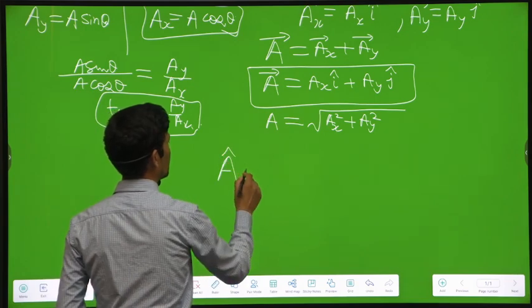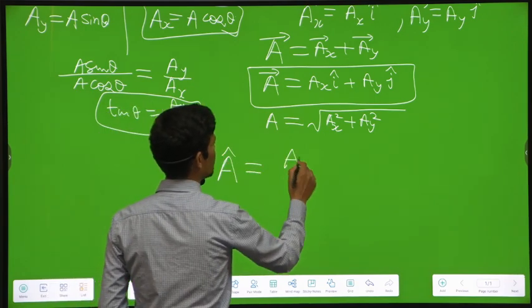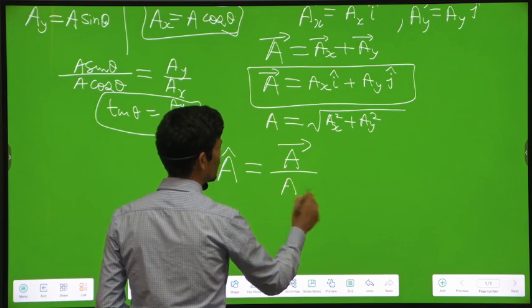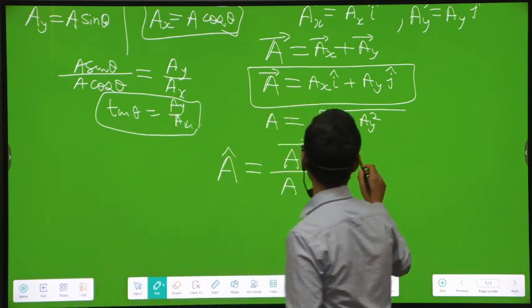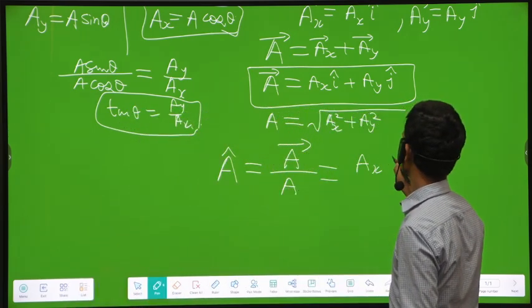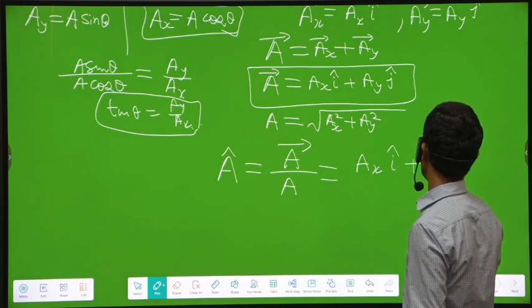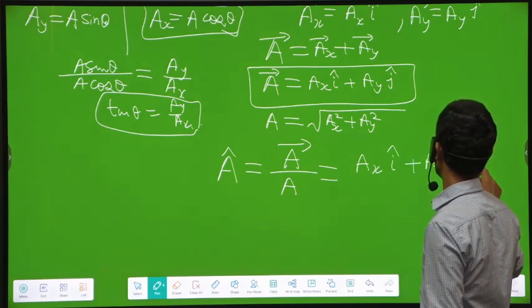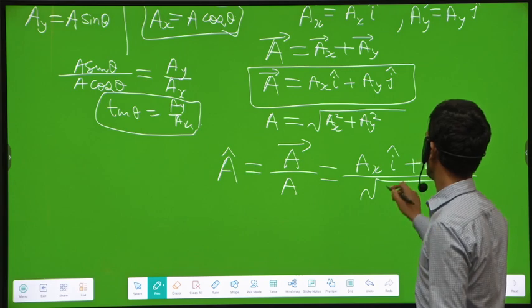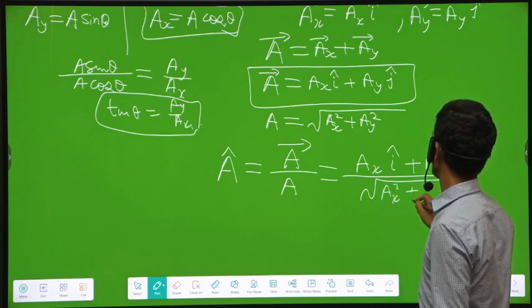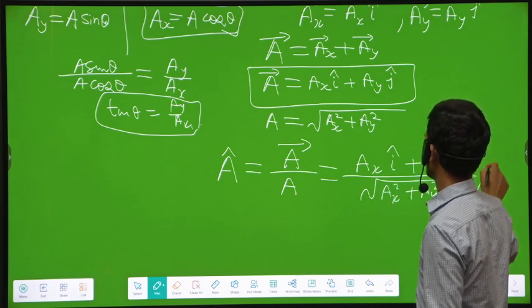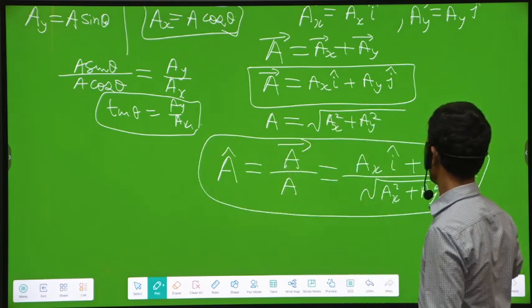We will mark it as a cap. As per definition, it is vector a divided by its magnitude, and hence it is ax i cap plus ay j cap divided by root of ax square plus ay square. End of the discussion.